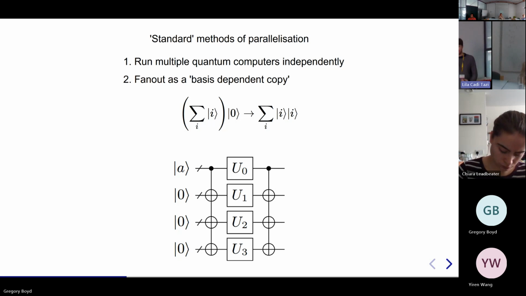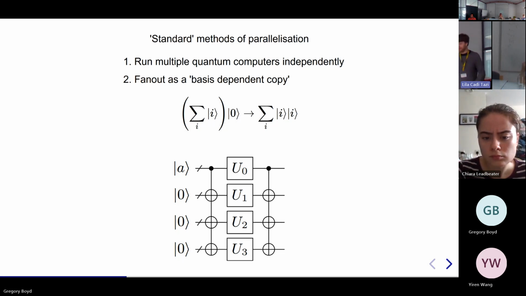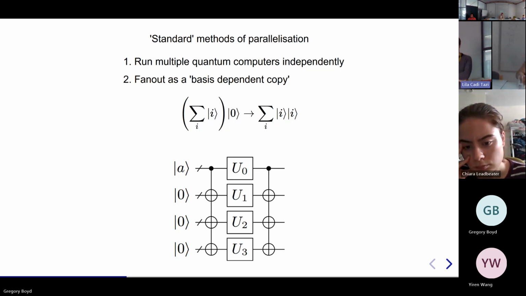I'm not sure exactly what the rigorous definition of acts nicely on a computational basis is, but a thing that I think covers everything that I've been able to think of so far is that they act in a block diagonal form in this basis, and all the blocks don't intersect with each other.